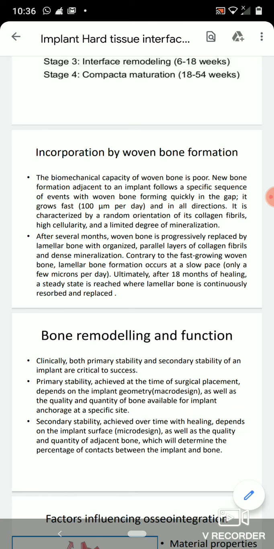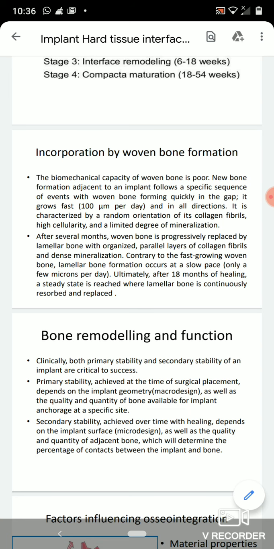It grows faster, 100 microns per day, and in all directions, and it is characterized by random orientation of its collagen fibers, high cellularity, and limited degree of mineralization.